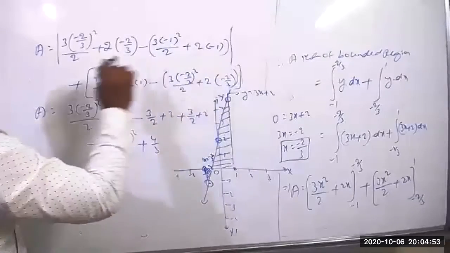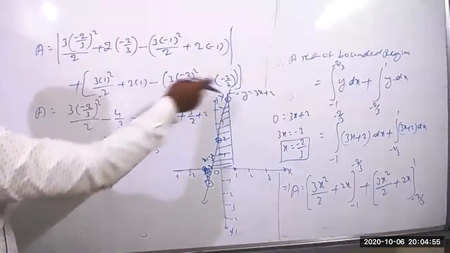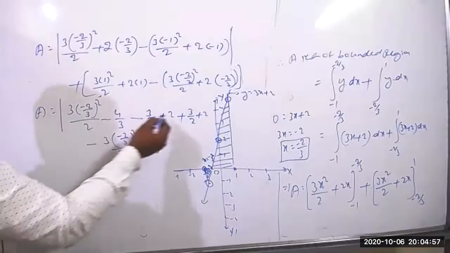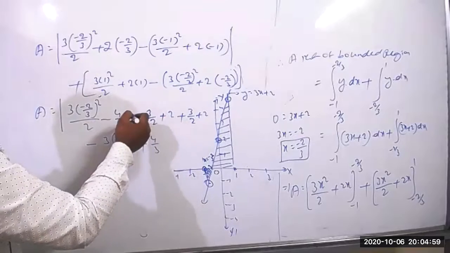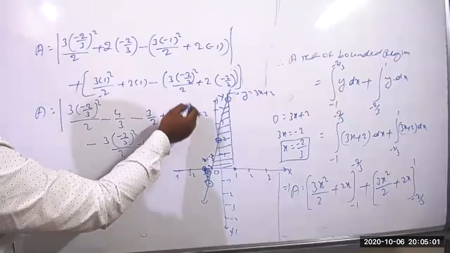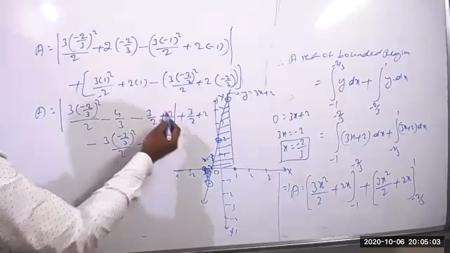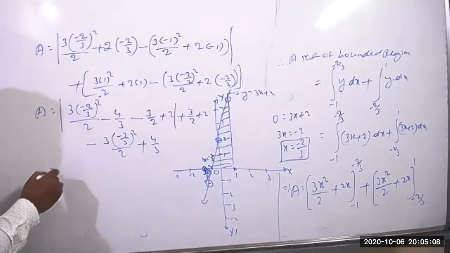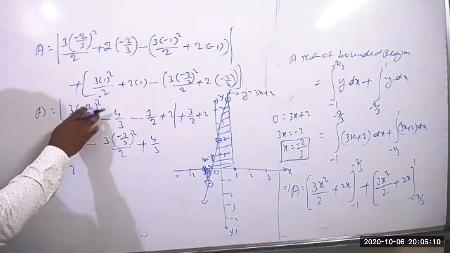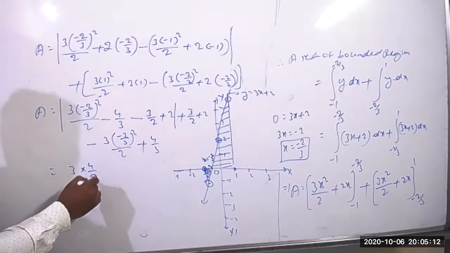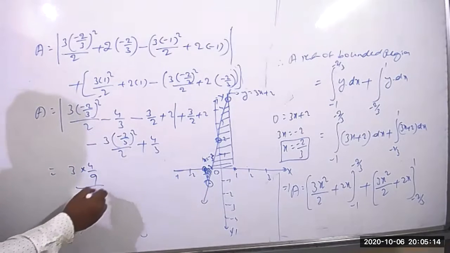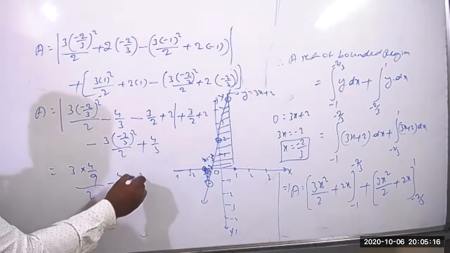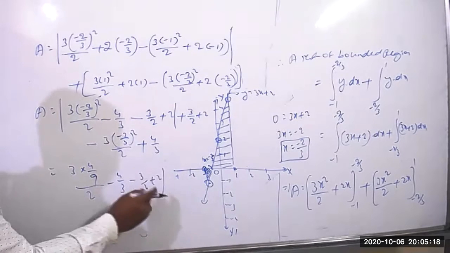That means we have to calculate completely. We can calculate the modulus separately now, up to here, minus 3 by 2 up to here. So 3 into minus 2 by 3 whole square means 4 by 9, whole by 2, minus 4 by 3, minus 3 by 2 plus 2.